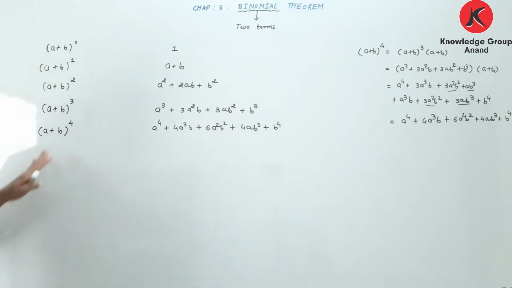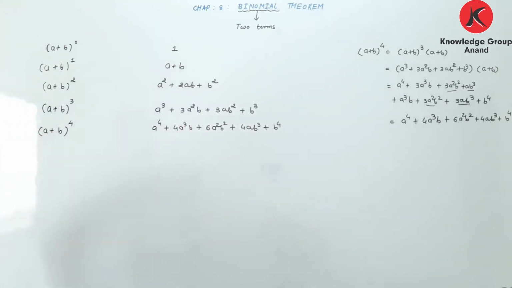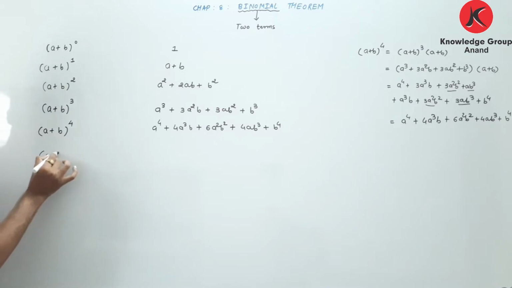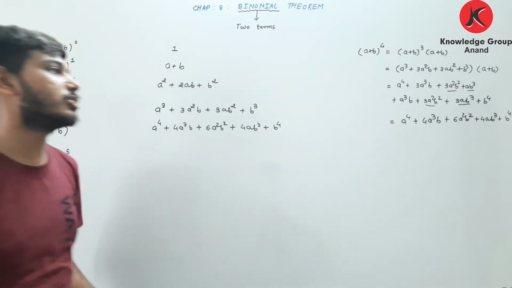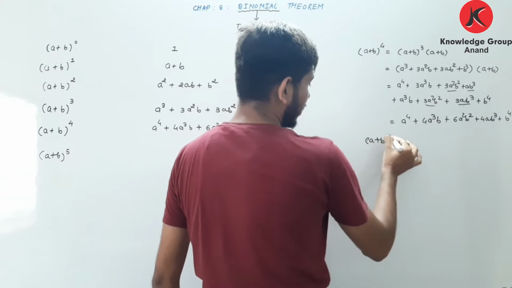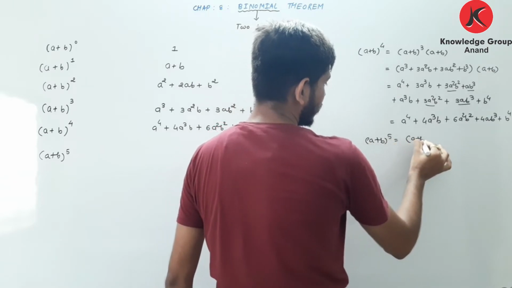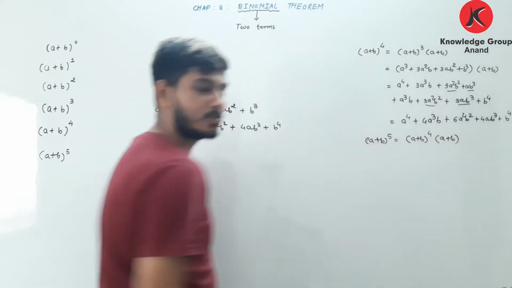Okay, this is the simple calculation: a plus b whole raised to 4 equals a plus b whole cube into a plus b. Now if we want to calculate a plus b raised to 5, then we have to calculate it by use of a plus b raised to 4 into a plus b.